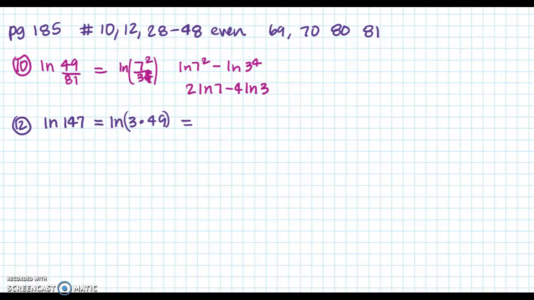And so 49 is 7 squared. So it's the ln of 3 plus the ln of 7 squared. So we have the ln of 3 plus 2 ln of 7.